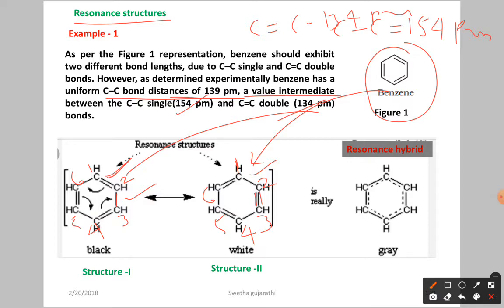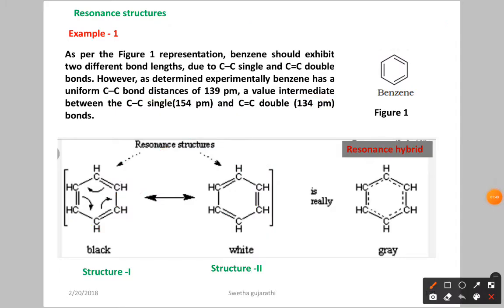This is the figure 1 representation. Benzene should exhibit two different bond lengths due to carbon-carbon single and carbon-carbon double bonds. Here you can see we have single bond, double bond. However, as determined experimentally, benzene has a uniform carbon-carbon distance of 139 picometers.